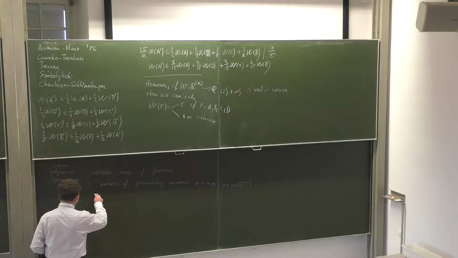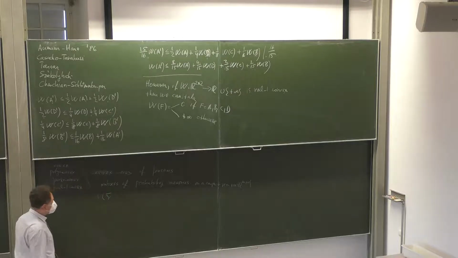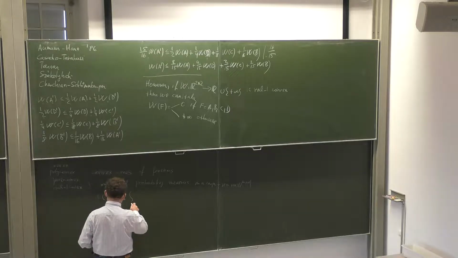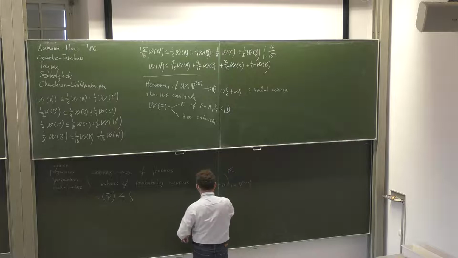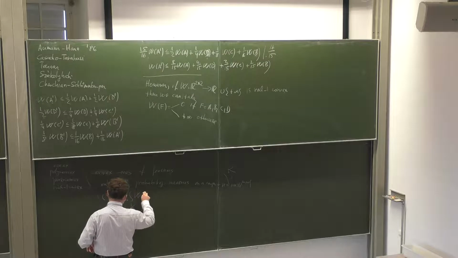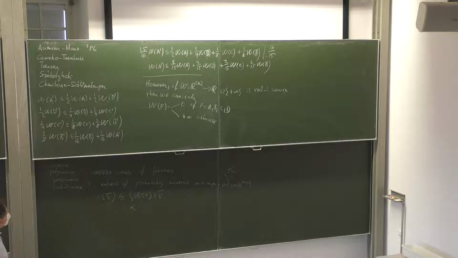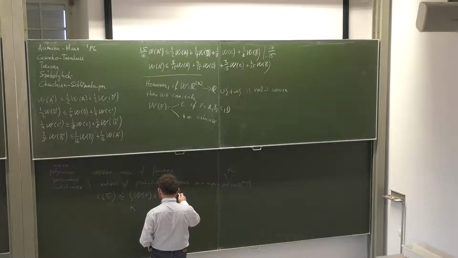So then you know that W at nu bar, this is the barycenter of the measure, must be smaller or equal than the integral, let me say, on a compact set capital K, of W f d nu. So this is if W is convex.